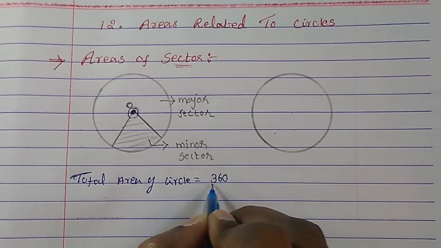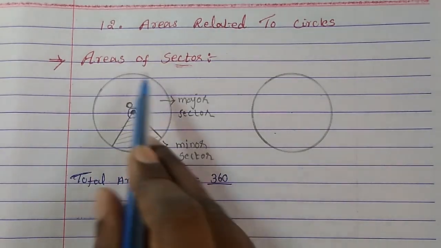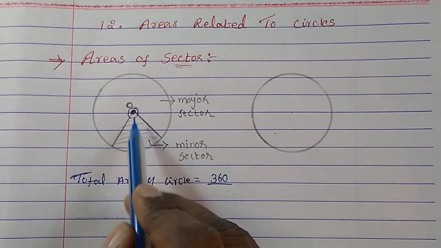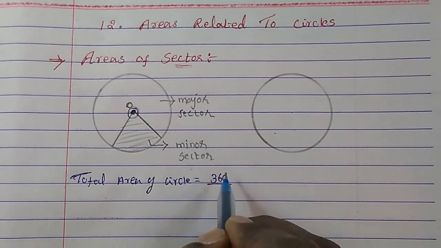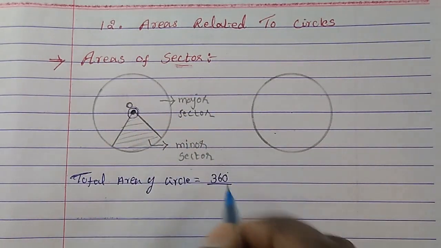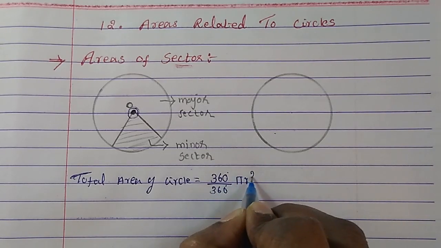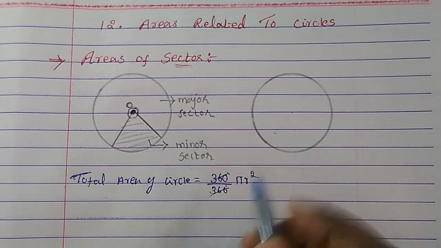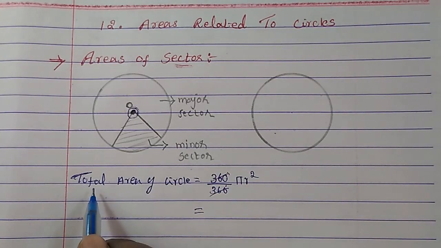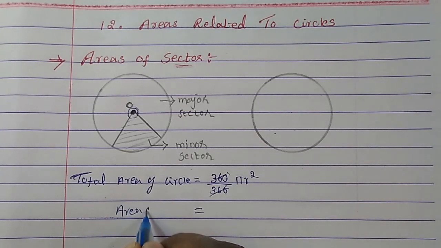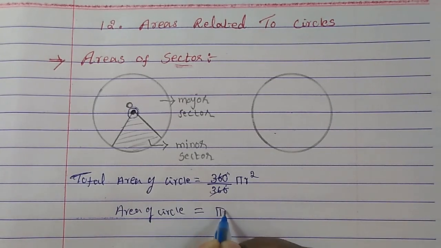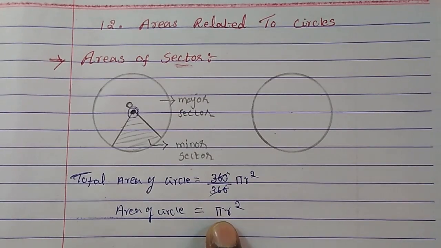So the angle for the total circle is 360 degree and the total angle is also 360 degree, and pi r square. So then this gets cancelled. So that's why we get area of circle is pi r square. Okay, this formula we know, area of circle is pi r square. In the introduction part for 12.1 we have studied how we get pi r square.